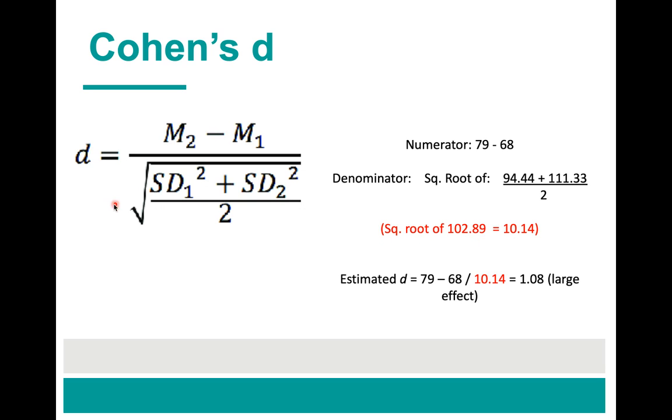The square root of that operation, 102.89, is 10.14. 10.14 becomes our whole denominator. And we're going to divide our numerator, which is our mean difference, 79 minus 68, by our denominator, which gives me a Cohen's d of 1.08.